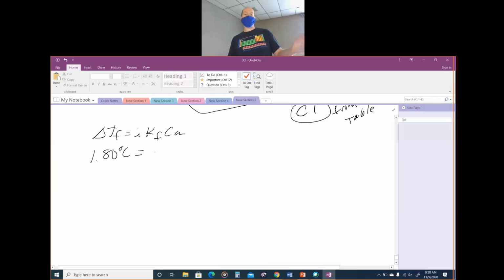This was a weak acid. The I value is 1. You look up on your chart for water, the Kf is 1.86 degrees Celsius per molal.